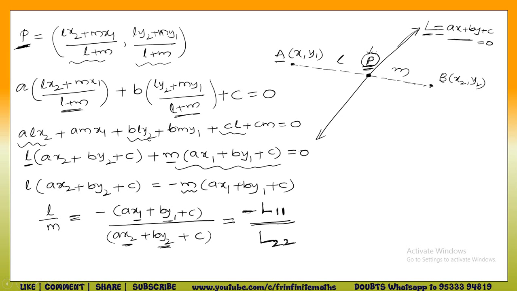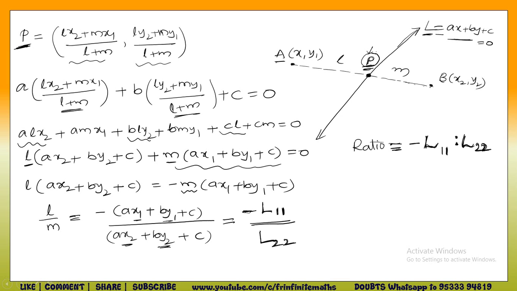So from this, what I can say is, the ratio, in which ratio it is dividing, I can simply say that it is divided in the ratio of minus L11 is to L22. What is the ratio? Minus L11 is to L22.